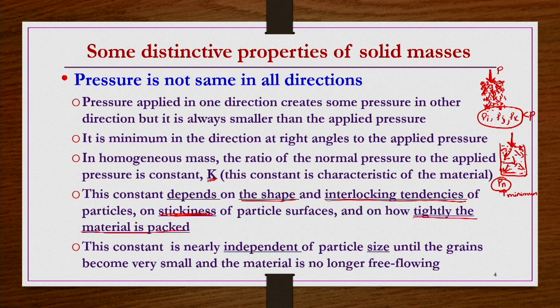However, until the grains become very small and the material is no longer free flowing, up to that point it may have some kind of effect. It may depend on the size of the particle, it may not depend on the size of the particle.